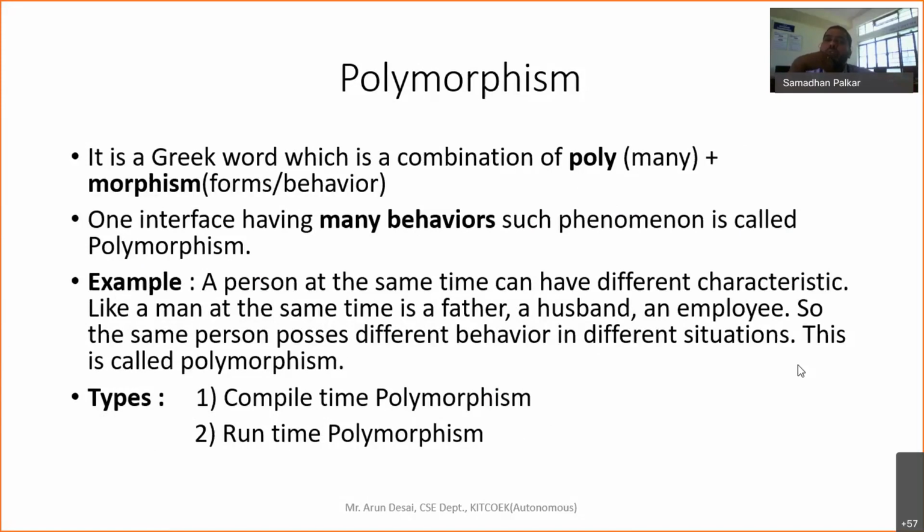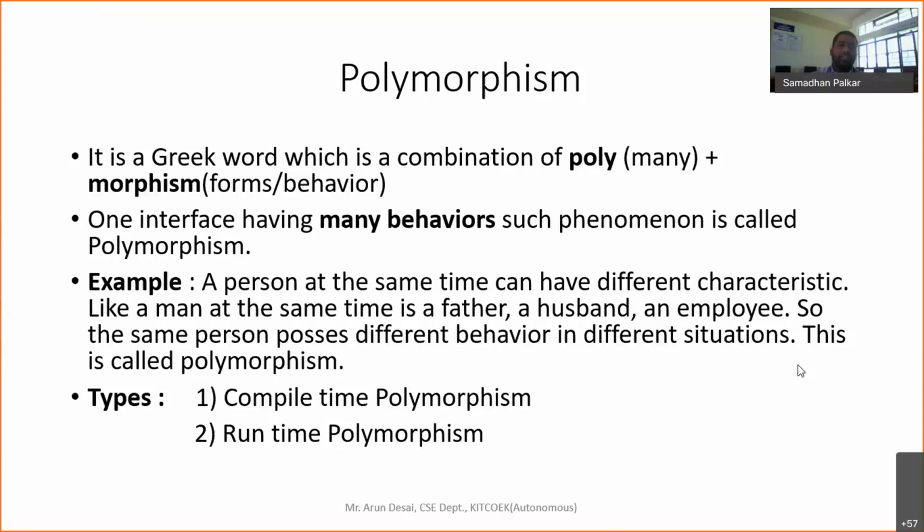Poly means many, and morphism is the form or behavior of an object. If one interface has different behaviors, or many behaviors, that is called polymorphism. If one interface has different behavior, then this phenomenon is also called polymorphism.